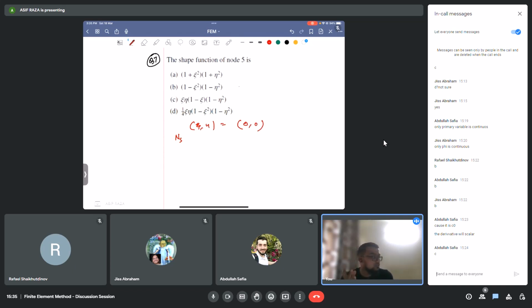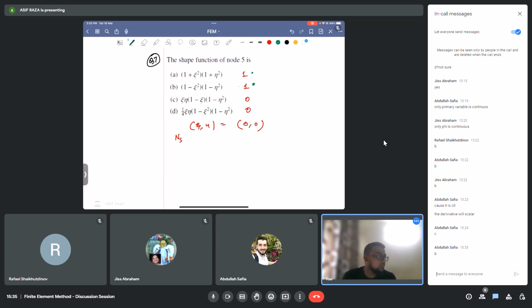When I substitute 0, 0 in all the options, we get 1 here, 1 over here, 0 0 here. So we have two options. This way we cannot directly eliminate the solutions, but still we are closer. Out of these two options, one of the two will be the answer.